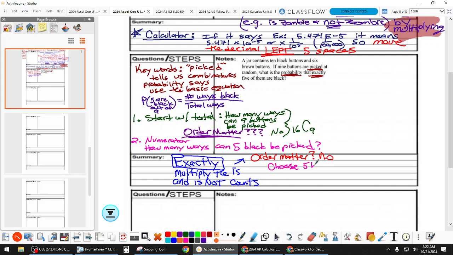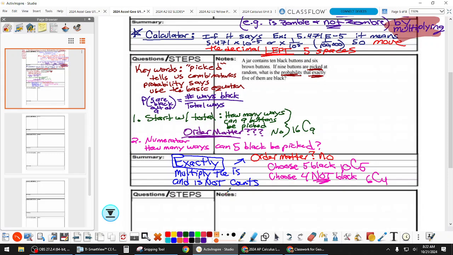Choose 5 black is, what was it, 10? Yeah, 10C5. And choose 5, sorry, not 5. Choose 4 not black by 6, so 6C4.